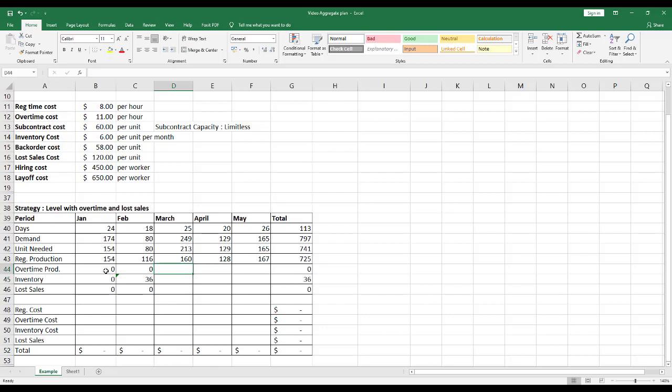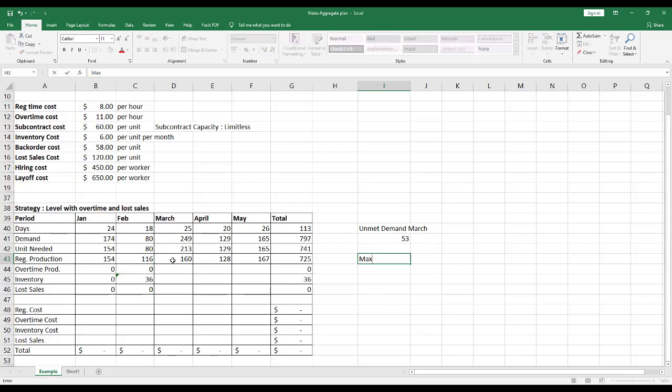In March, as you can see, the unit needed is a little bit bigger than regular production. Also, we have to calculate the unmet demand for March. It is not the same with the first strategy.